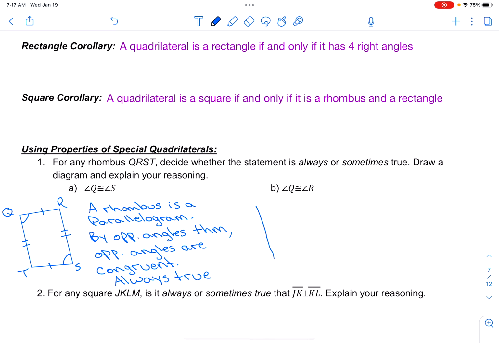So then B, again, we draw some shape. These do not have to be proportioned at all. It's really just a matter of how you label it. And so for this one, it's angle Q is congruent to angle R. So the only way that angle Q could be congruent to angle R would be if we had right angles.